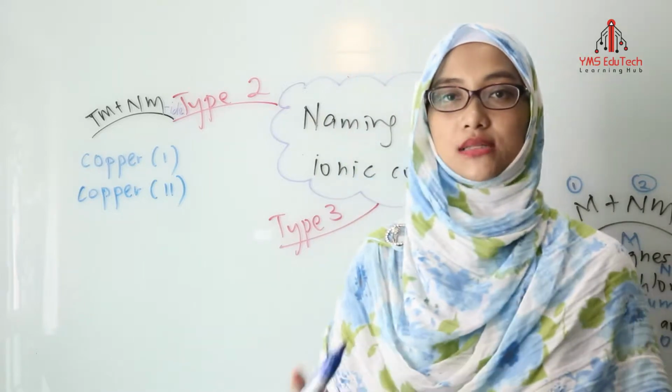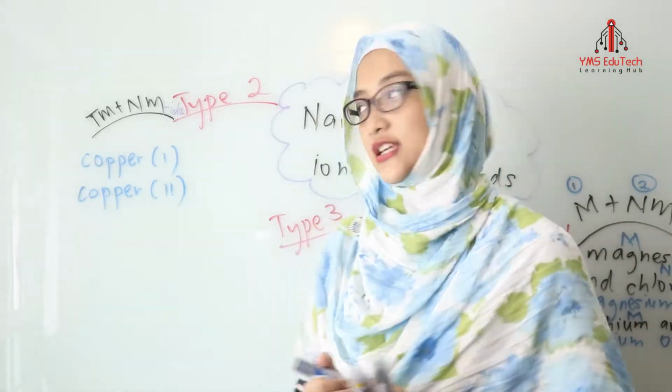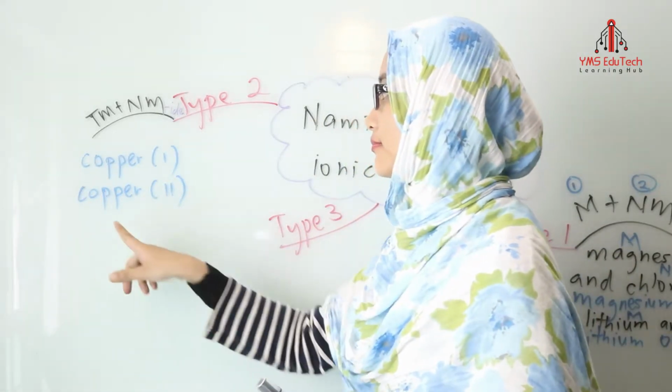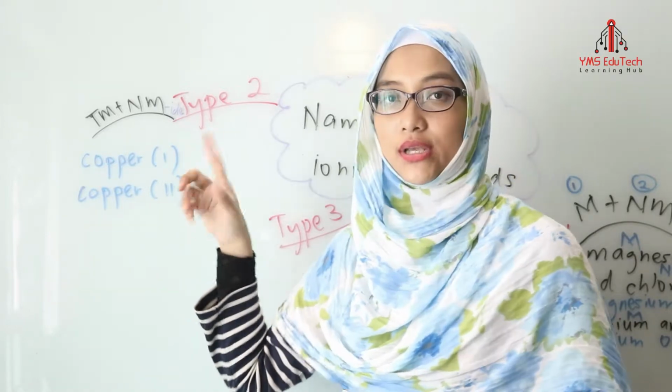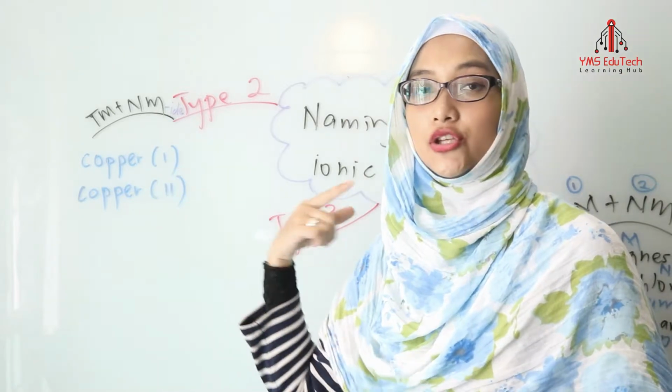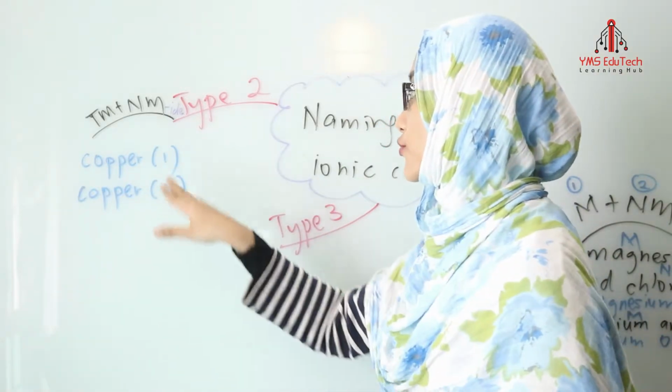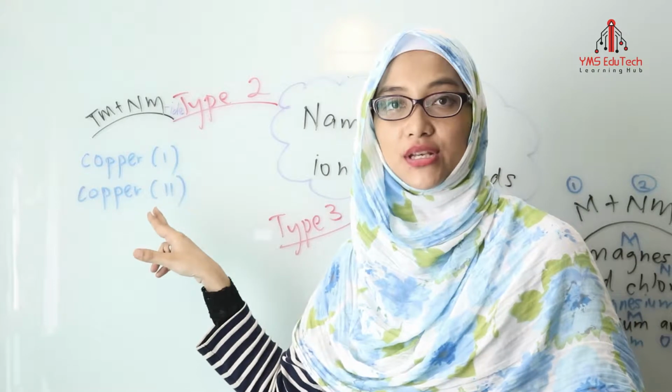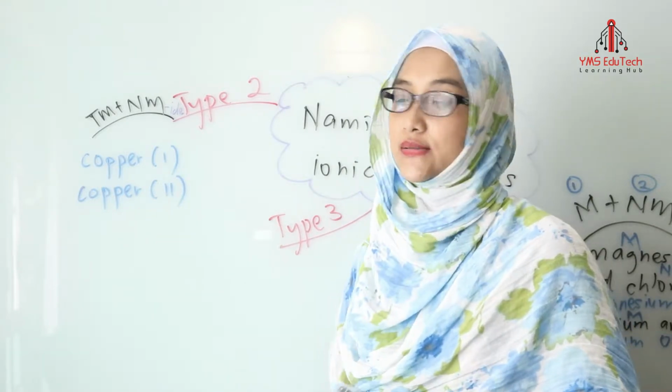So in naming ionic compounds involving transition metals, you need to include the Roman numeral or the oxidation state of the transition metal.